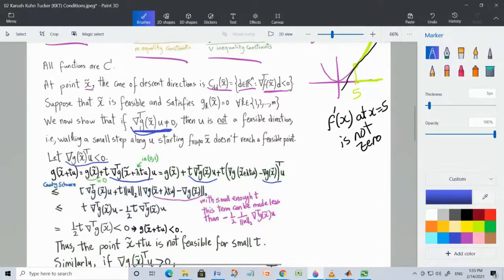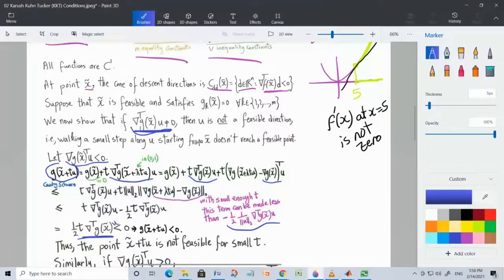Well, we have here the difference between the partial derivatives, and since every function you see here is assumed to have continuous partial derivatives, this L2 norm can be made as small as we wish. And so again, it can be smaller than this quantity, which is positive because this is assumed to be negative. And so you upper bound this by this term here, which is negative.